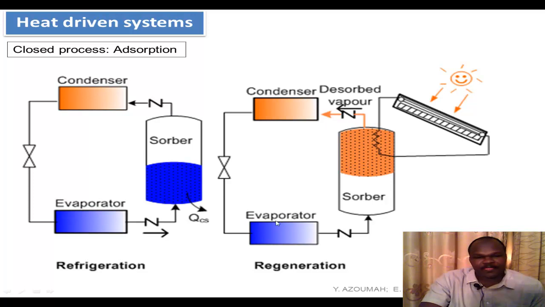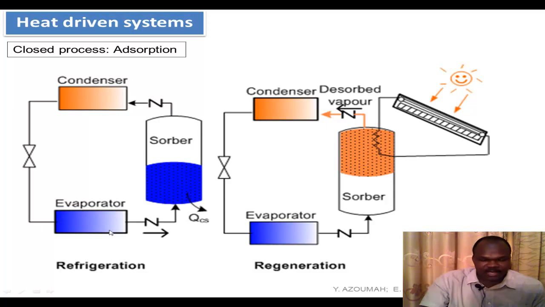Okay, it does the regeneration, and during the night the cooling process starts. Okay, so you can create enough ice to cater for the needs of the day. Okay, the cooling needs of the day.